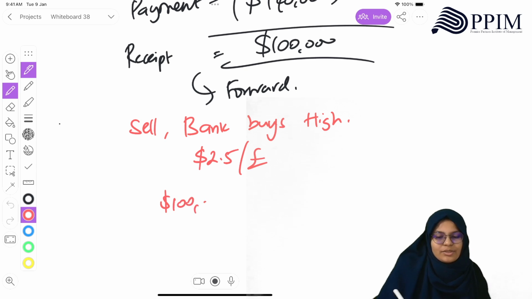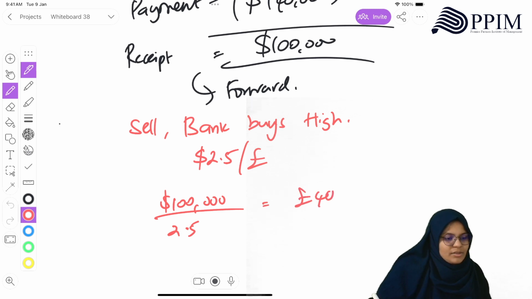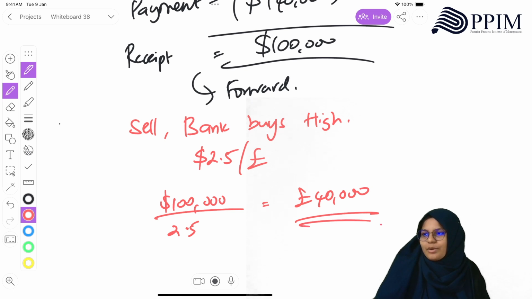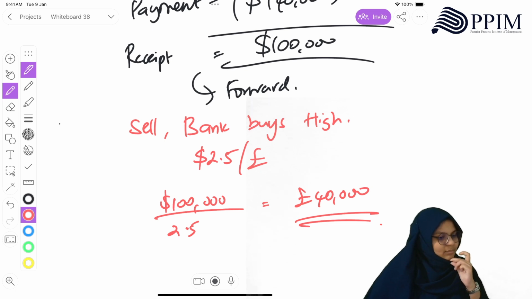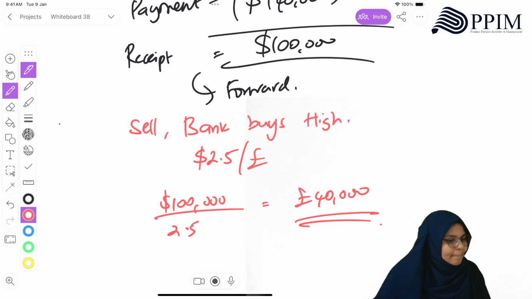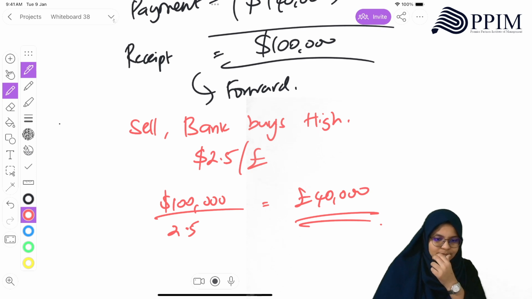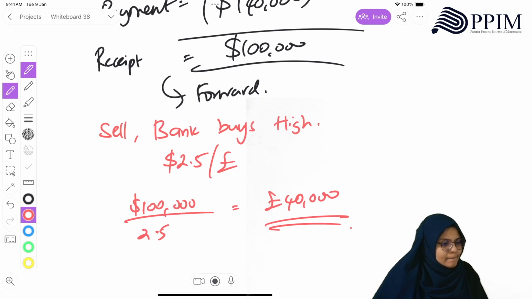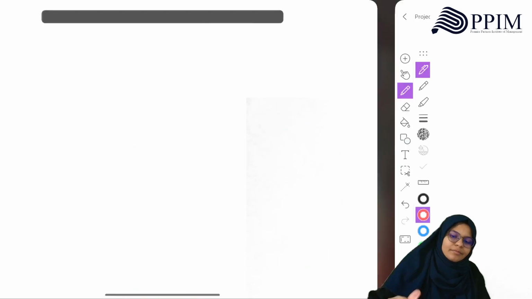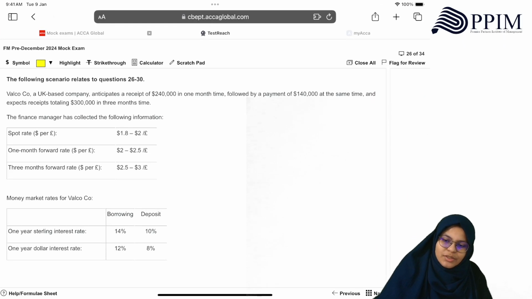Basically 100,000 divided by 2.5, which is 40,000 pounds we will get to hand. So you need to put 40,000 here.